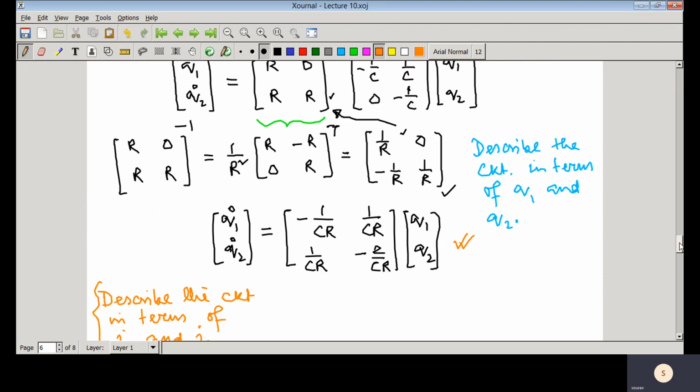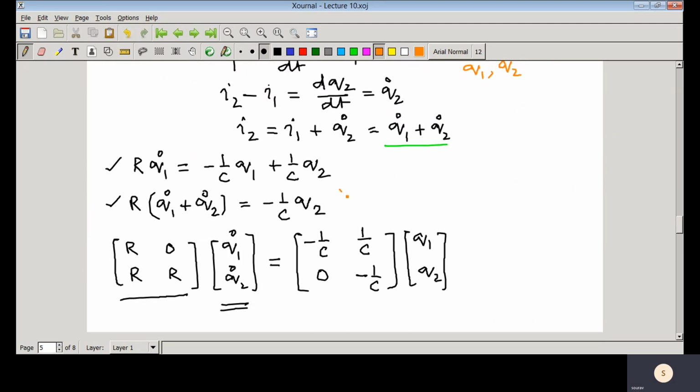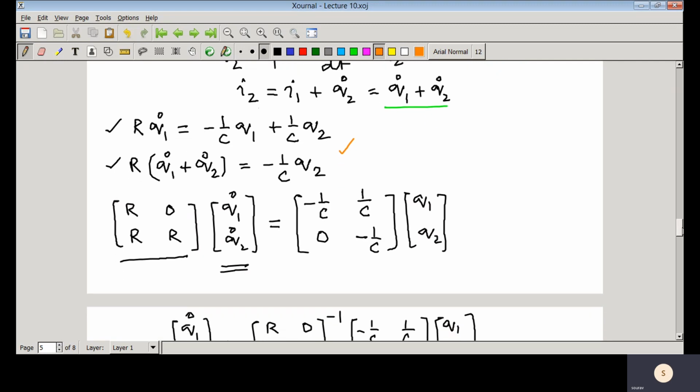So we have these dynamical equations. Again I am writing those things.